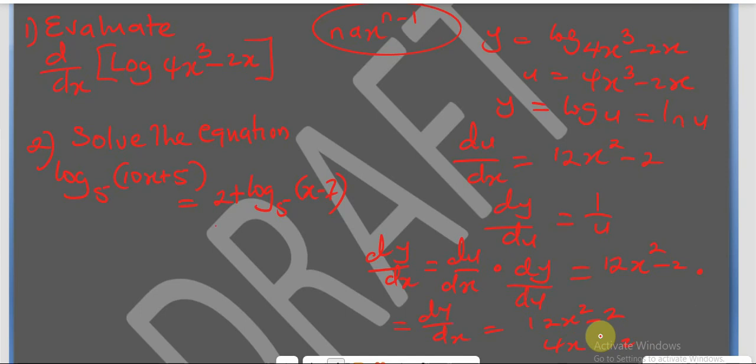Then the second question is: solve the equation log base 5 of (10x plus 5) is equal to 2 plus log base 5 of (x minus 7).